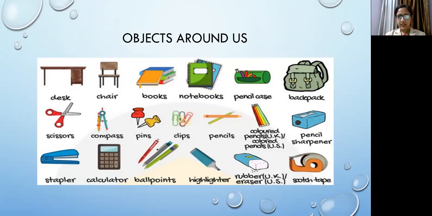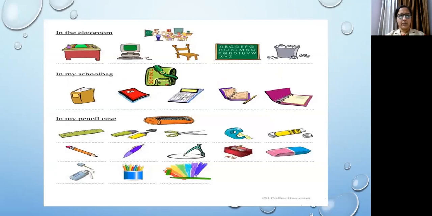Now, one more picture is there. See, in the classroom, what kind of objects can you see over there? A computer system could be there, a chair is there, a blackboard or a whiteboard. A dustbin is there, benches, chairs, tables. So all these things are there. Then in your school bag, in my school bag, it's written over here.